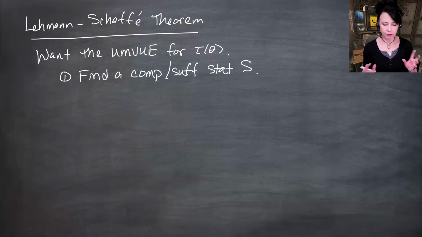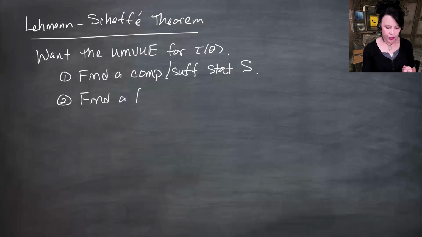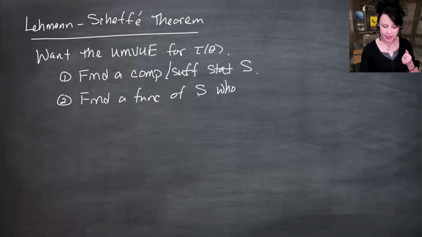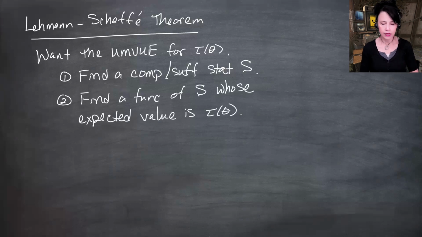Otherwise, it's a little harder. And the second step is to find a function of S whose expected value is the target, the tau of theta.